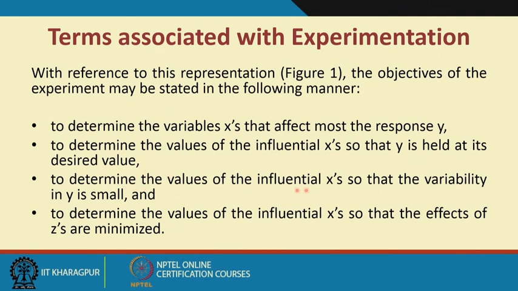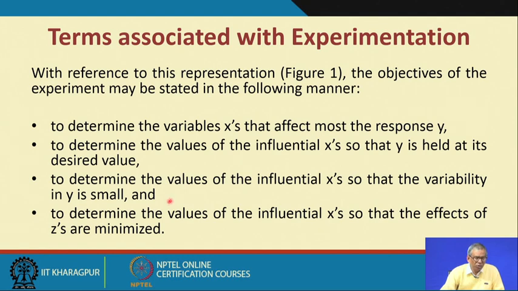Another objective is to determine the values of the influential x's so that the variability in y is small. As we have been telling you all the time, any exercise on quality is essentially an exercise in variability control. So definitely you are setting the target, but make sure that the variability of y is at the minimum level.